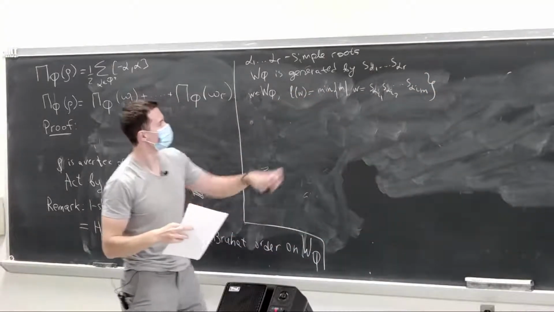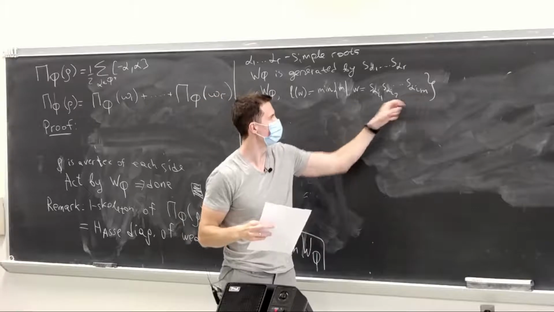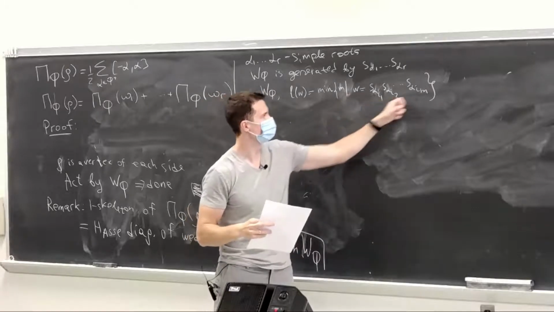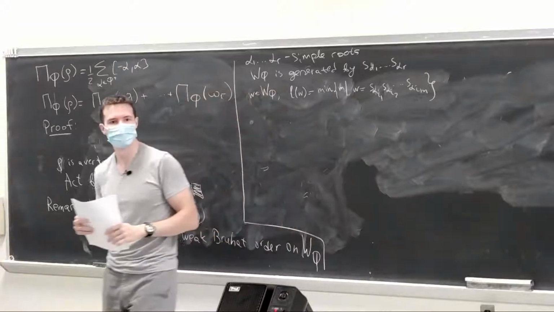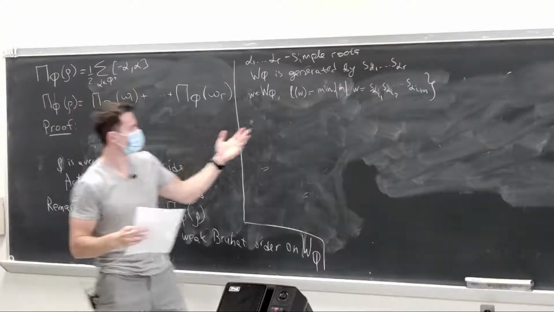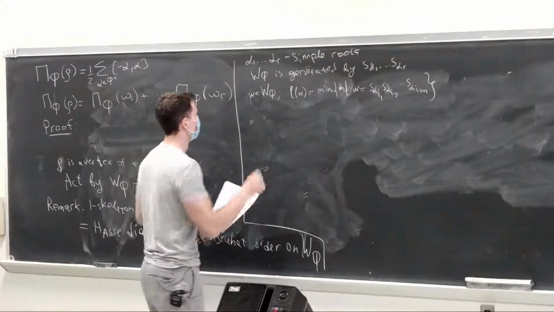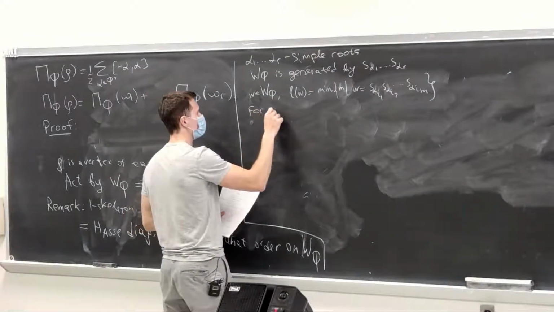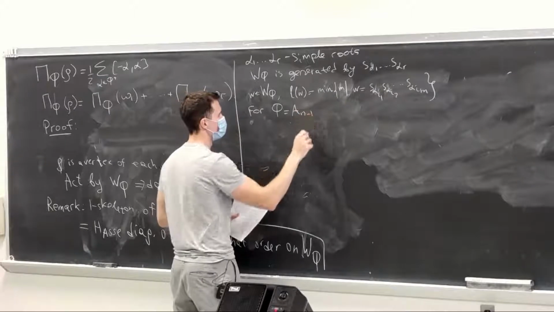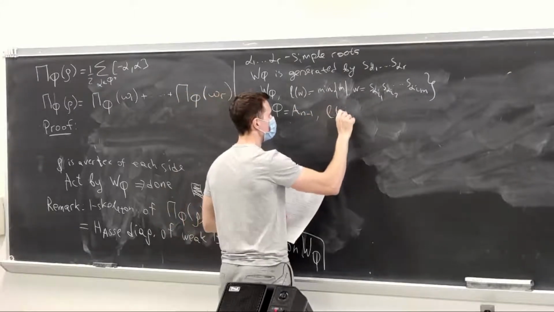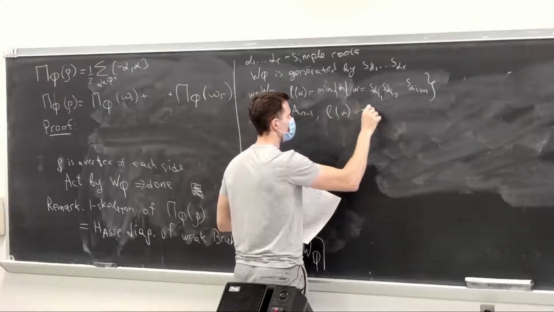So you try to find the minimal length expression for W in terms of these reflections, and the number of those is going to be the length. And it's an exercise to check that for Sn, when your root system is of type A n-1, L of W is just the number of inversions.